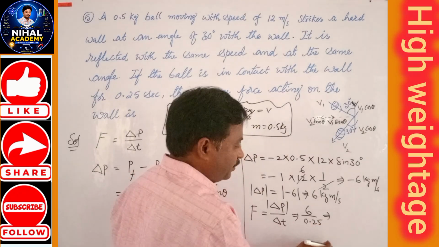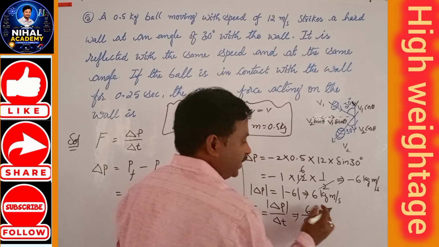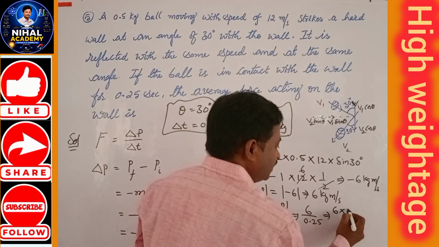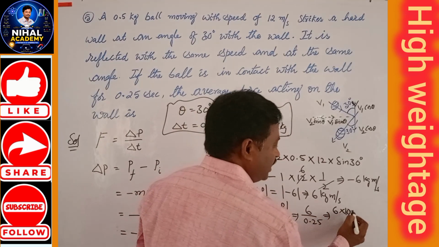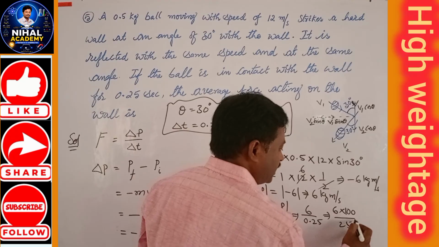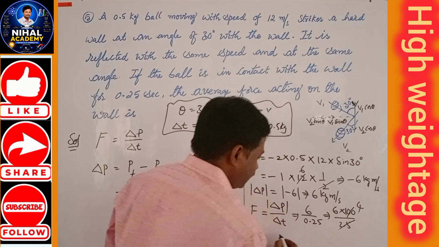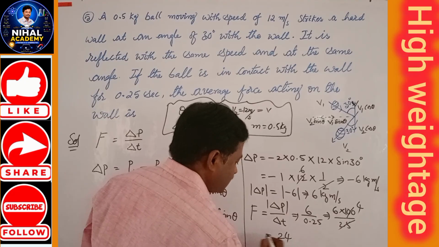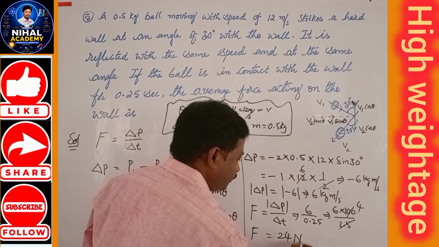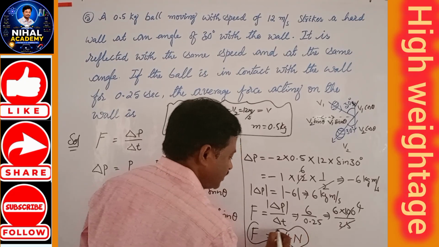We can write 0.25 as 25 by 100, so 100 goes to the numerator. So 6 into 100 by 25. 25 goes 4 times, so it is 6 times 4, which is 24. So the force F is equal to 24 newtons.